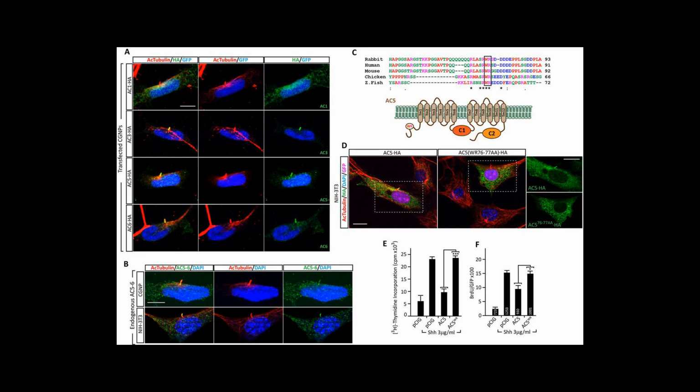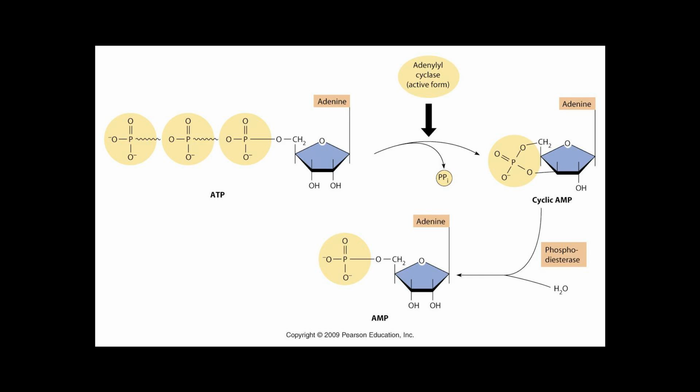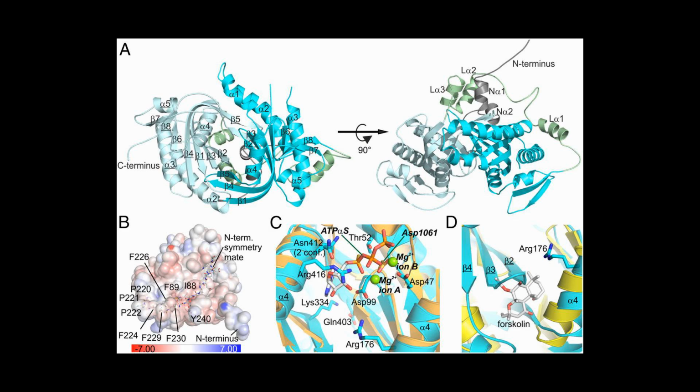Most AC3s are integral membrane proteins involved in transducing extracellular signals into intracellular responses. A Nobel Prize was awarded to Earl Sutherland in 1971 for discovering the key role of AC3 in human liver, where adrenaline indirectly stimulates AC to mobilize stored energy in the fight-or-flight response.